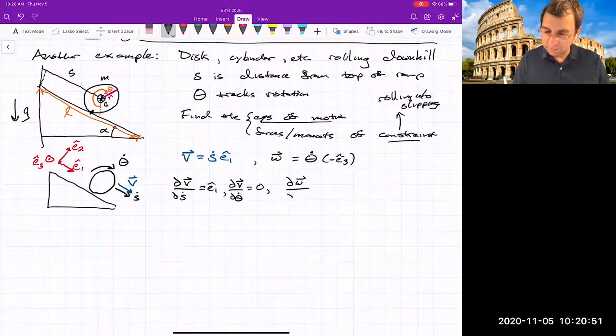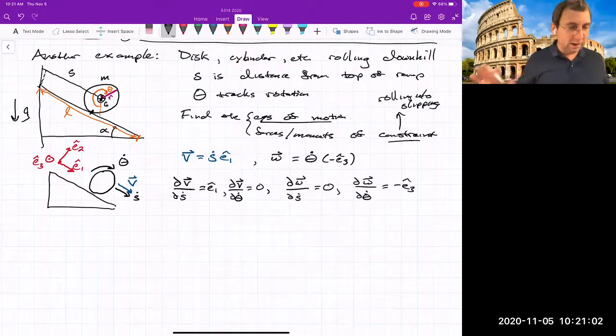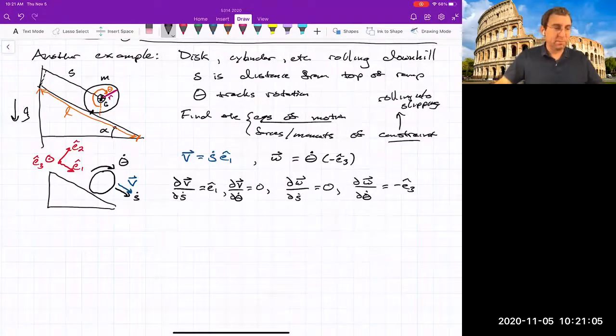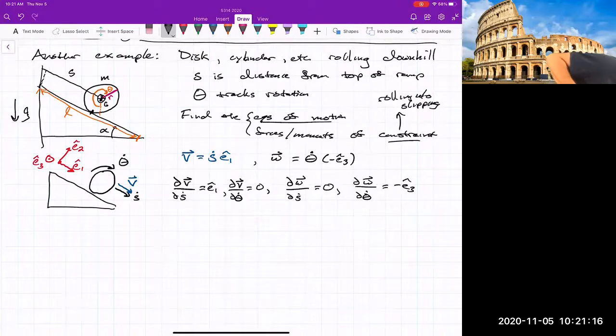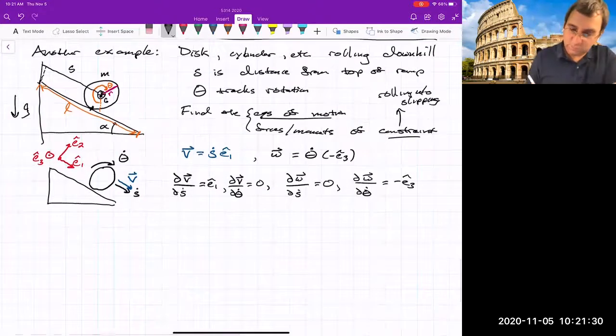Partial omega, partial S dot: it doesn't depend on S dot. What about partial omega, partial theta dot? Well, negative E3. Now I have what I need to write at least the generalized forces and moments of constraint that would show up in my Lagrange's equation. Let's see, am I forgetting something here? I'm moving papers all around. Nothing there? Okay, good. All right, so the generalized forces of constraint.